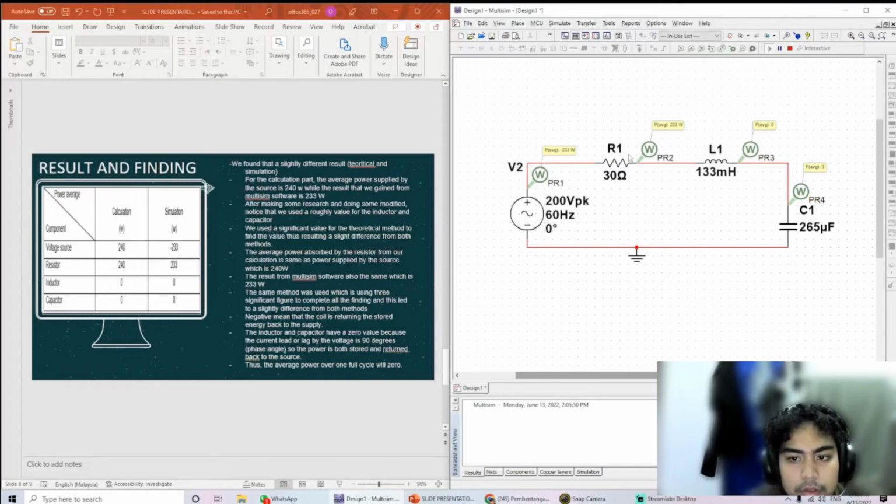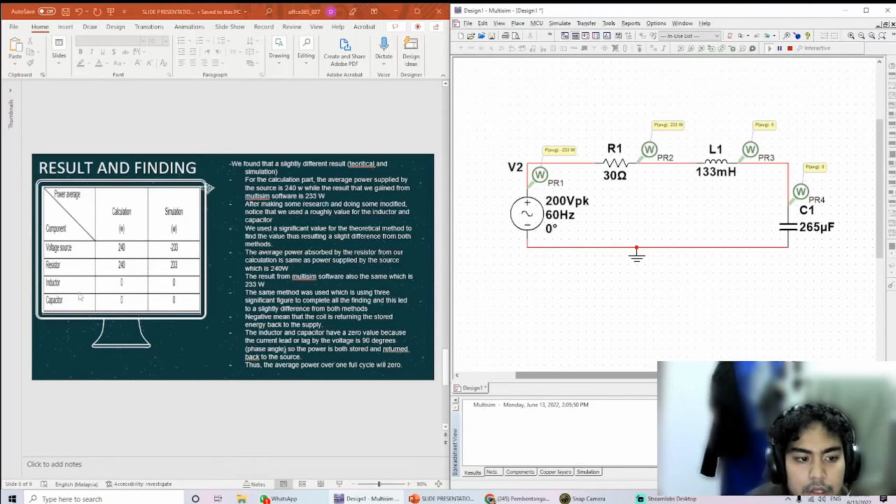For the resistor, the average power we get is 240. For the simulation we get 233 watt because we use a rough resistor value for the circuit. This means it is a little bit different but near the same as the calculation value.